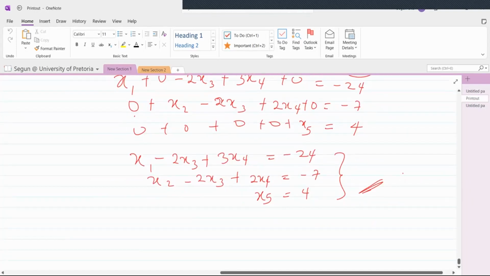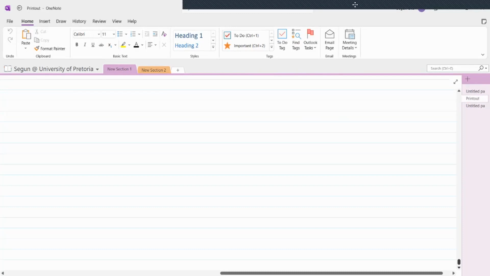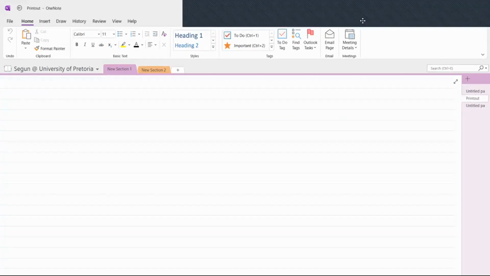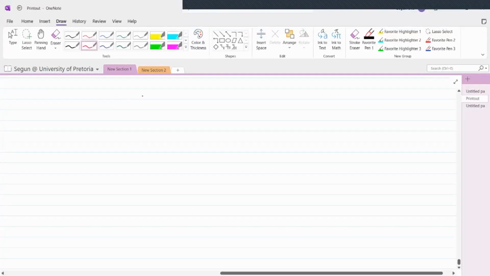Okay, as I said this morning, we'll be looking into eigenvalue. For our newcomers, you are welcome, because I can see new faces. For those of us that know ourselves, you are also welcome.